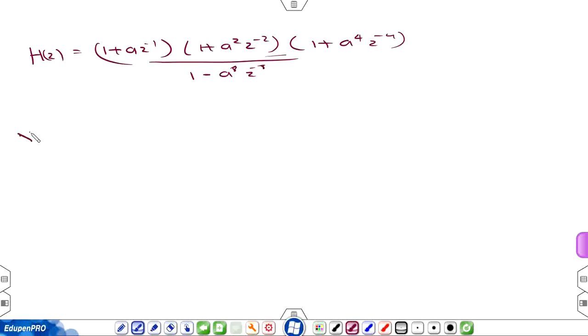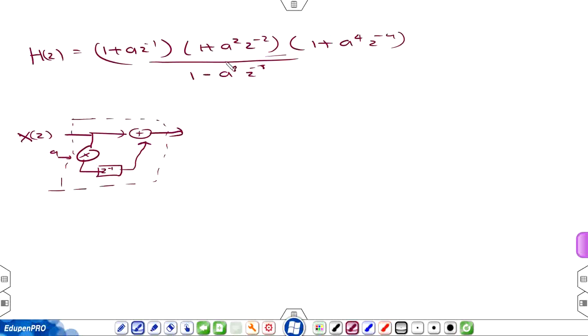X(z) is given to a multiplier multiplied by a and delayed by 1, z inverse, and then added to X(z) itself. So this is part 1, 1 plus a z inverse.